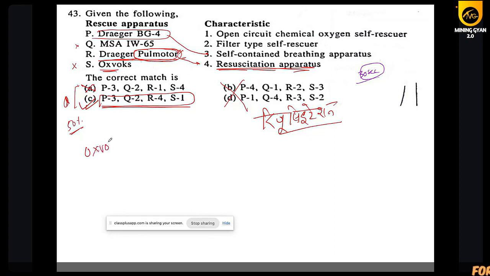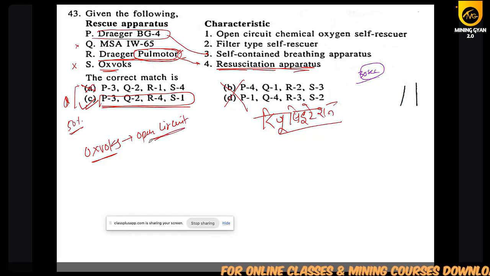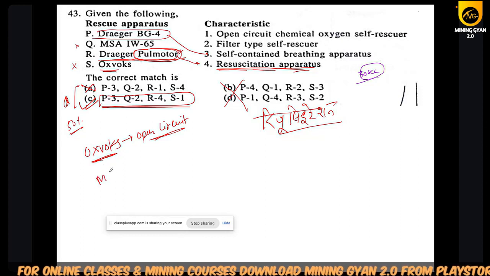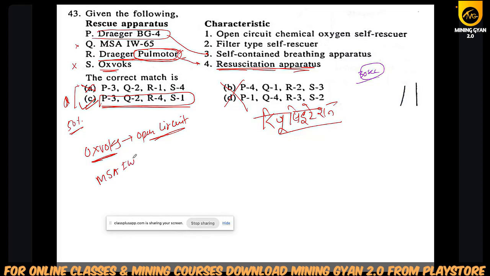Those who don't know Oxyvox, if I am practicing, I will write it in my notes. What is Oxyvox? Oxyvox is open circuit, chemical like a gas mask. Oxyvox is the gas mask type. So it is an open circuit chemical oxygen self-contained apparatus. Okay. And what are MSA, IW and BG4?